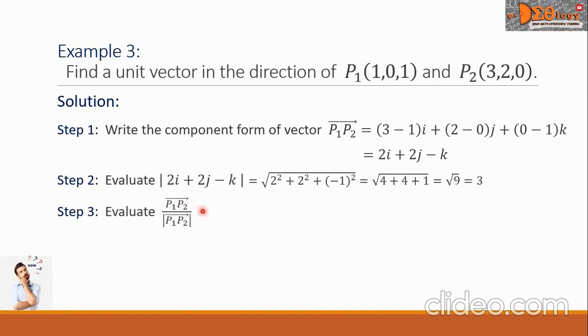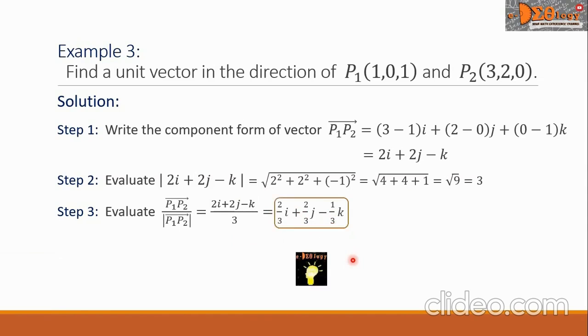In the numerator, we will copy our answer from step 1, all over the denominator, we will copy our answer from step 2. And from here, we will split the terms of the numerator with respect to the denominator. So we now have 2/3 times i plus 2/3 times j minus 1/3 times k. This is now the final answer.